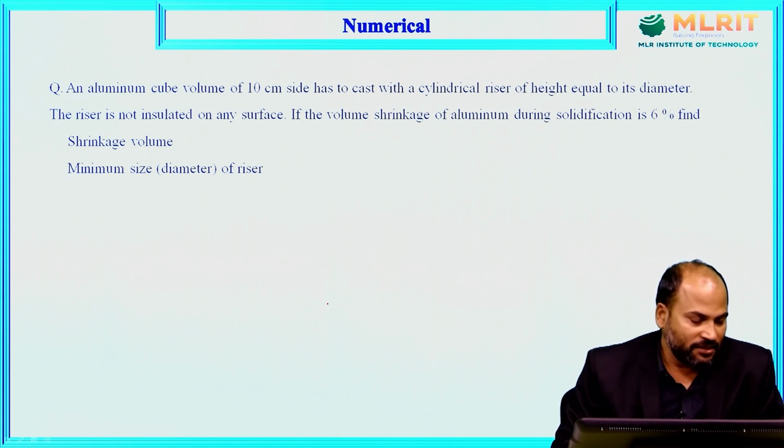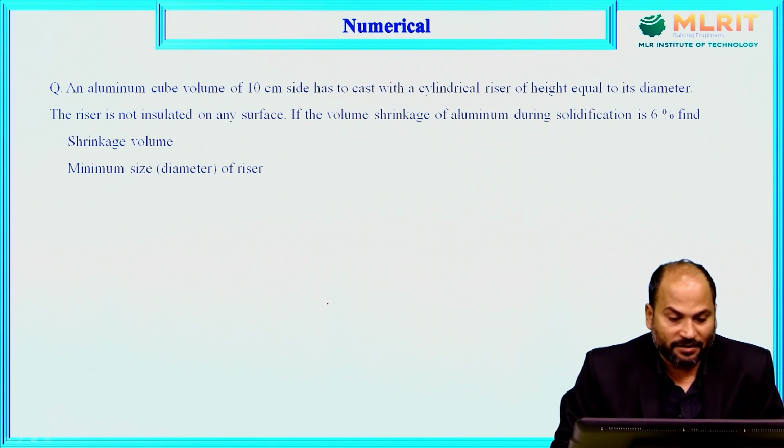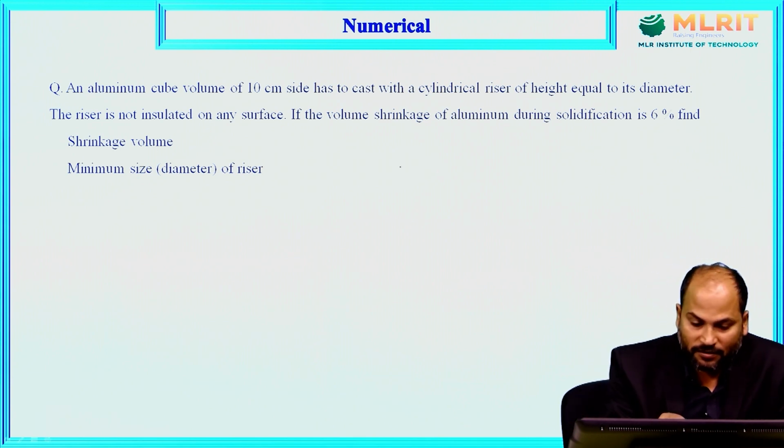So the numerical is: an aluminum cube of 10 centimeter side has to be cast with a cylindrical riser of height equal to its diameter. So the riser is of cylindrical shape.